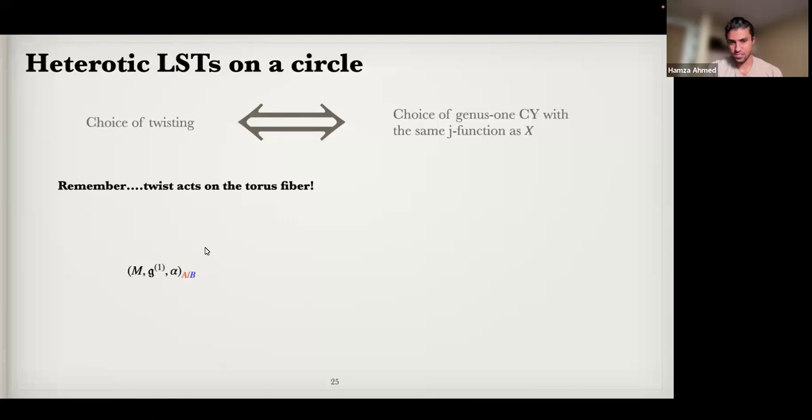So if I take this 6D LST given here, either A type or B type, and I want to look at the 5D theory, so I pick some genus-one Calabi-Yau with the same J function as X, then the way it acts on A should obviously just act on.